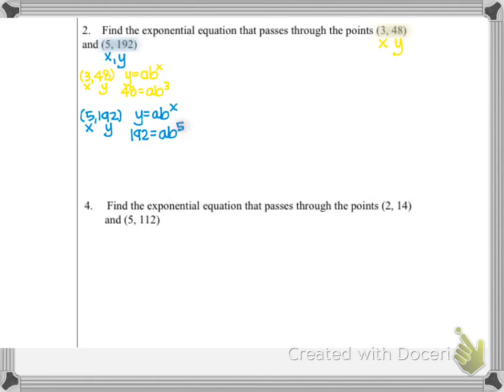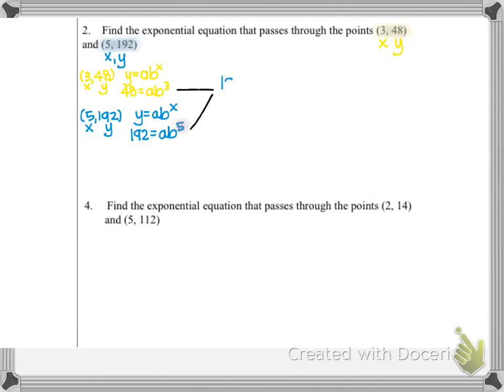Whoever has the biggest exponent on B, I'm going to put these 2 equations together, but I'm going to put the one with the biggest exponent on top. I'm going to try some elimination here. So I'll take these 2, put them together, but I'm going to put the blue equation first, only because its exponent is bigger.